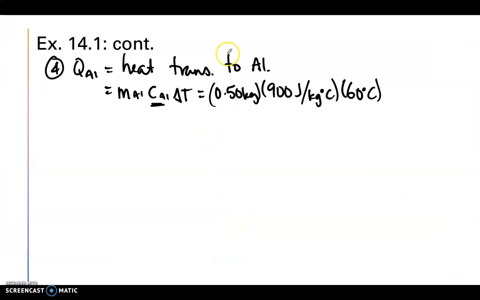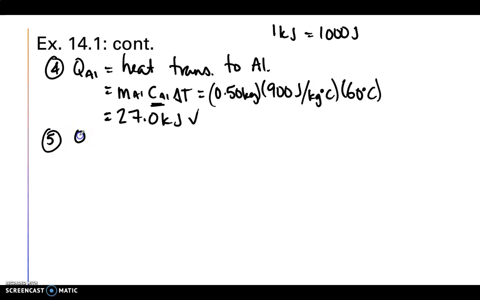Okay, so let's go on. So our heat transfer is going to be, I'm going to go ahead and already convert it to kilojoules. So that's going to be 27.0 kilojoules. Remember that for 1 kilojoule, there are 1,000 joules. All right. So now I can find my total heat.